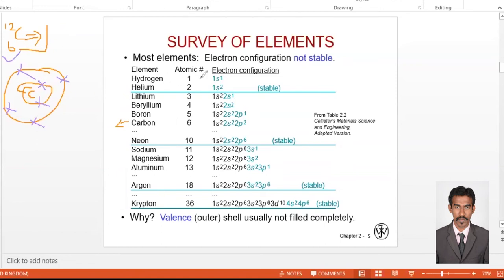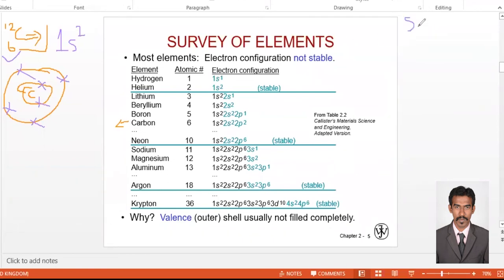So how to write this in the elaborated format? In the first orbital, it has 2 electrons. So we write it as first orbital, 2 electrons.